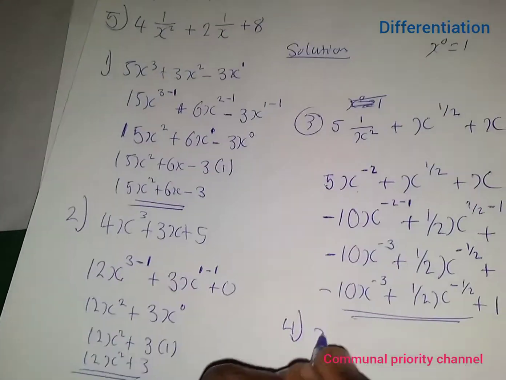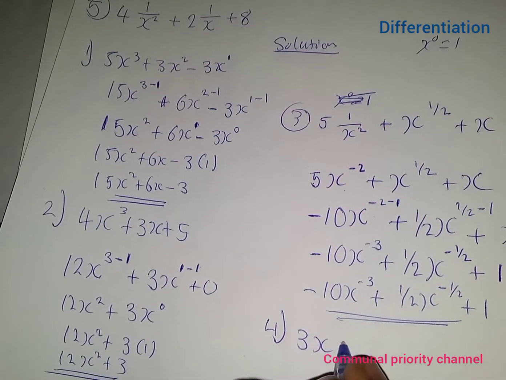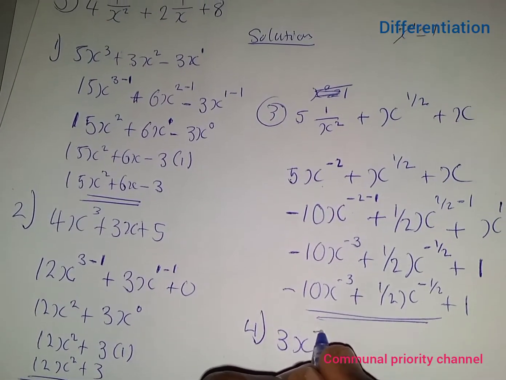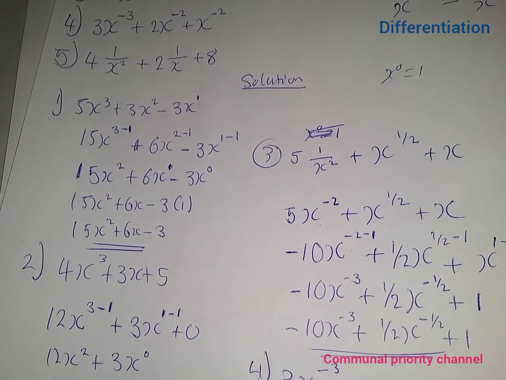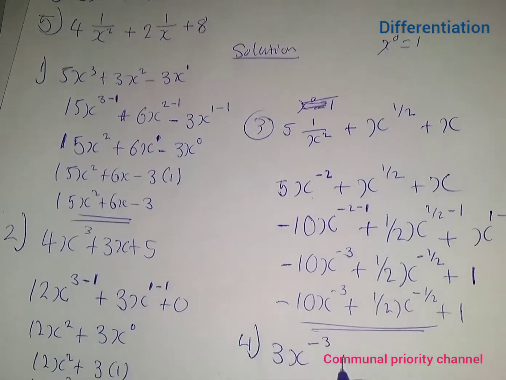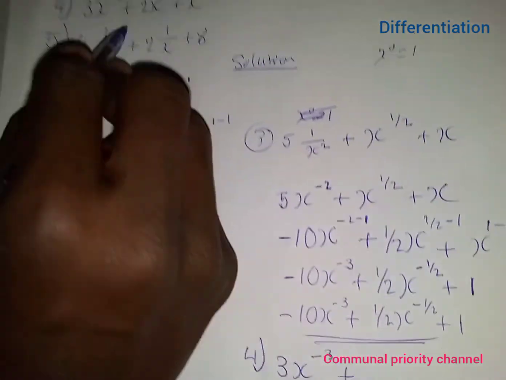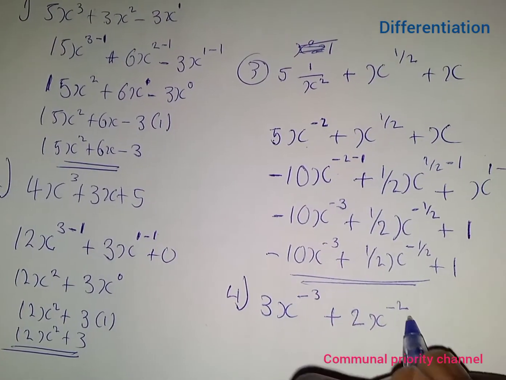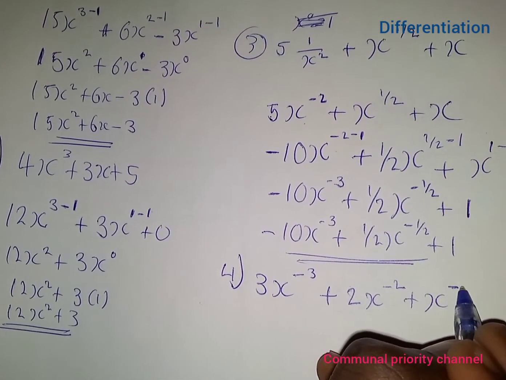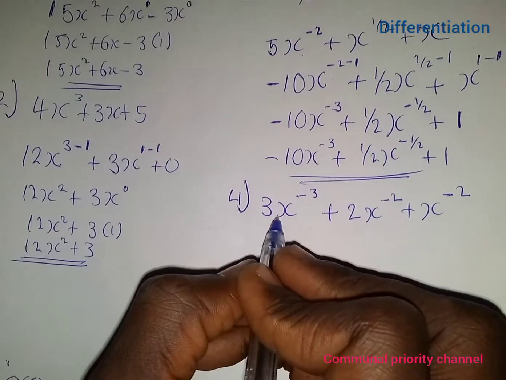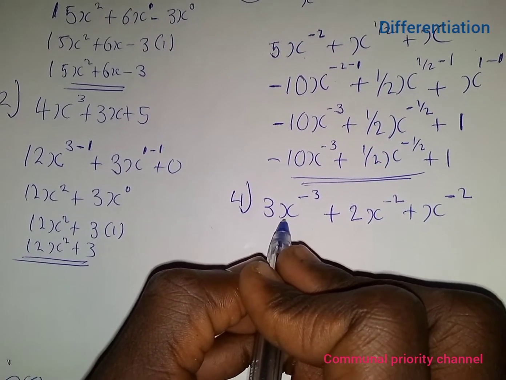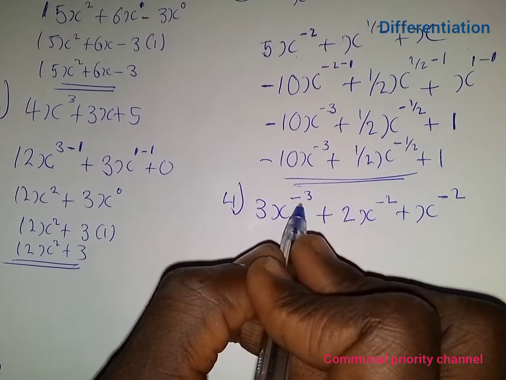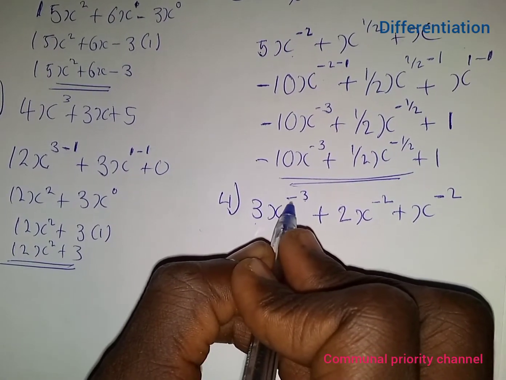which says find the differentiation of 3x to the power of minus 3, then plus 2x to the power of minus 2 plus x to the power of minus 2. Now, the first thing we'll do here is we're going to multiply the coefficient with the power. 3 times 3 is 9, but the power is what?